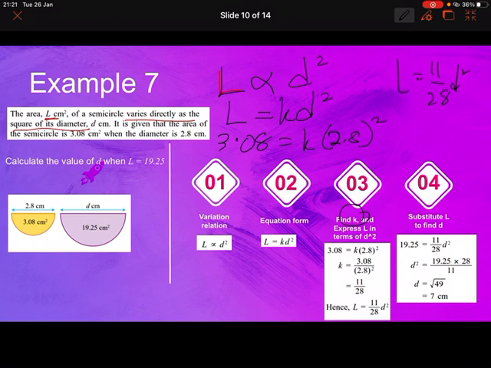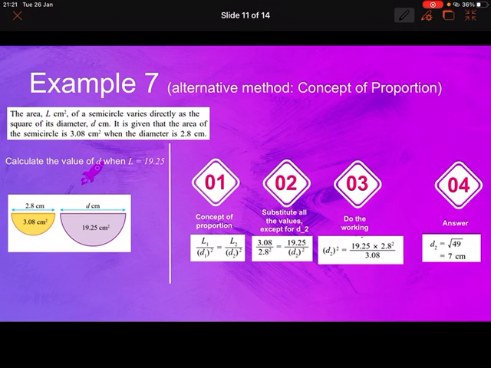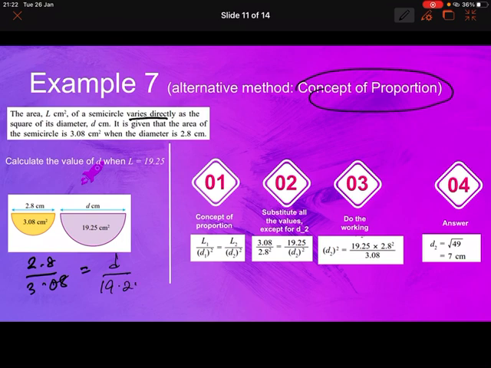I have another way of answering example 7, by using the concept of proportion. Because it varies directly, we can use the concept of proportion. Here we have the diameter and the area, so 2.8 over 3.08 equals d over 19.25.